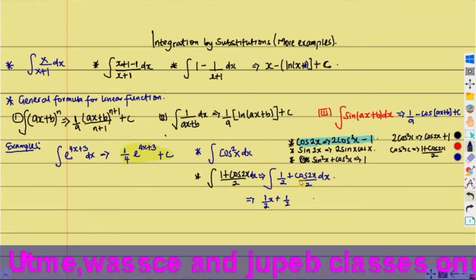So when I integrate cos, everybody knows I'm going to have sine. So I have 1 over 2, open bracket. I'm using the direct formula. As you can see, the bracket here then gives me sine, then I have 1 over 2, then sine 2x, then I have a plus c.